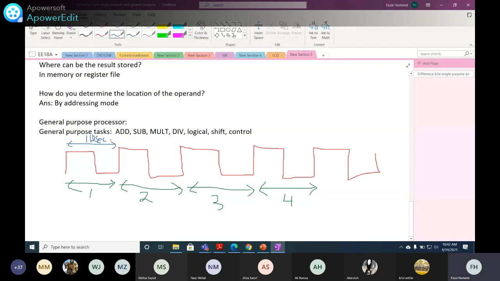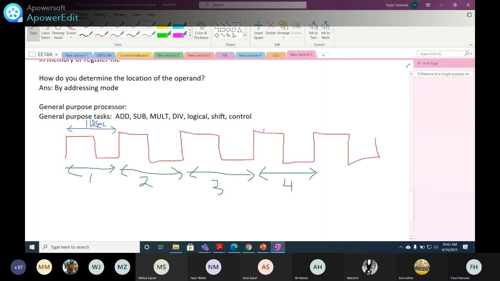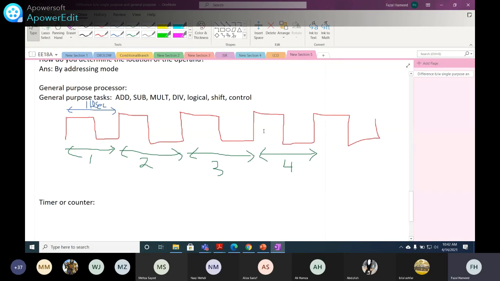And now we have a counter, or some kind of a timer. Let's assume a very small counter, 4 bits.